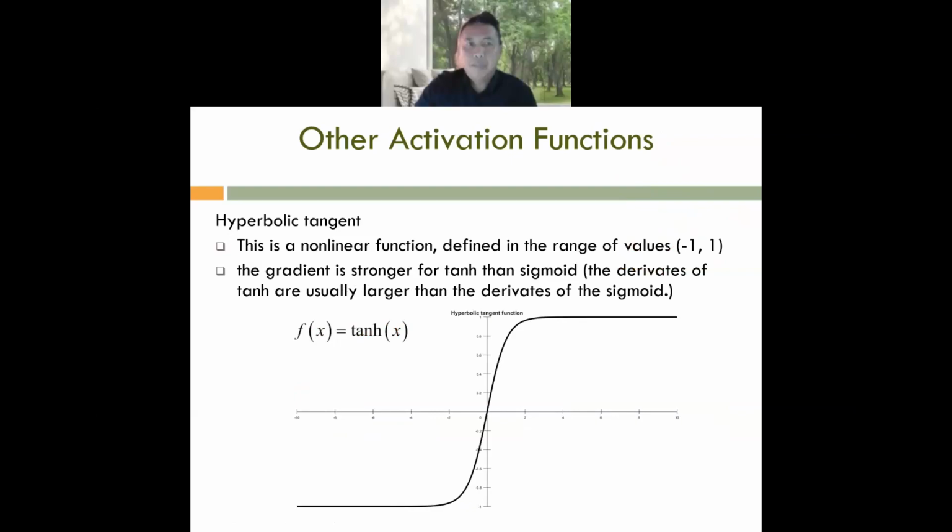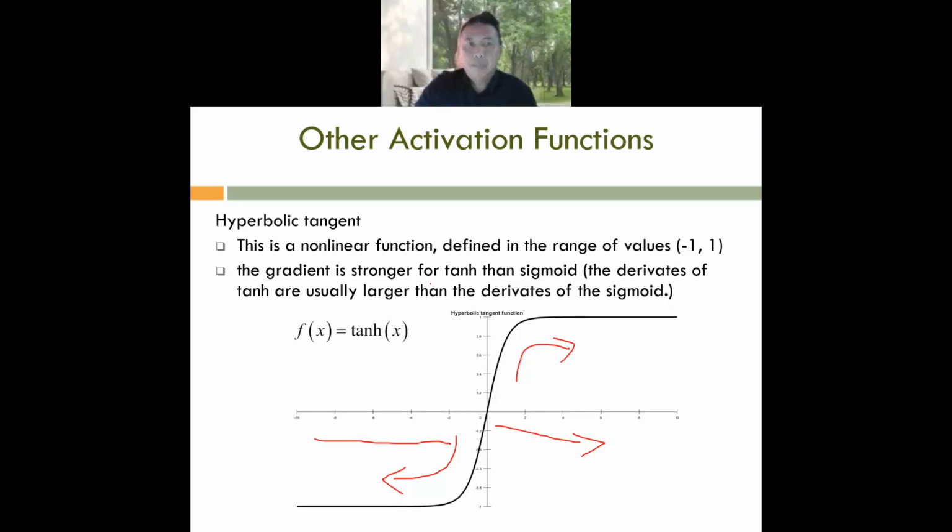Okay, we also have this hyperbolic tangent. The range is from -1 to 1. So meaning that if your value x is positive, your y will be positive here. But if your value of x is negative, the value for your y will be negative here. The maximum is 1, minimum is -1.